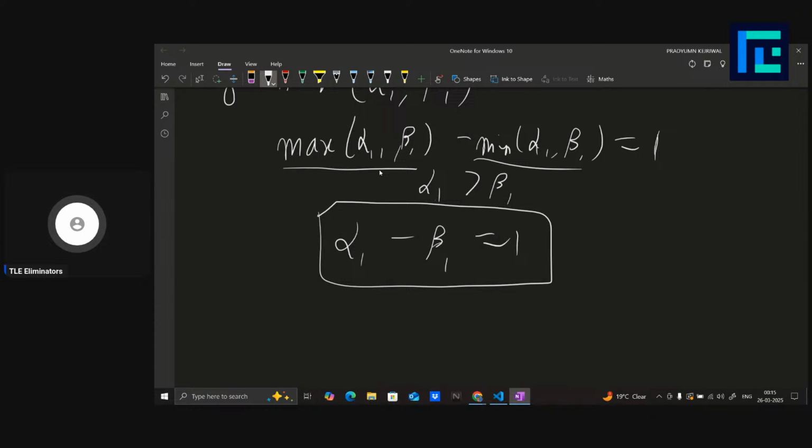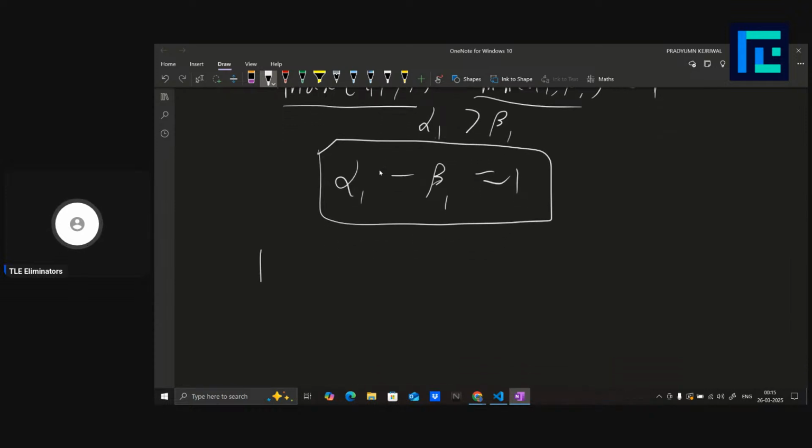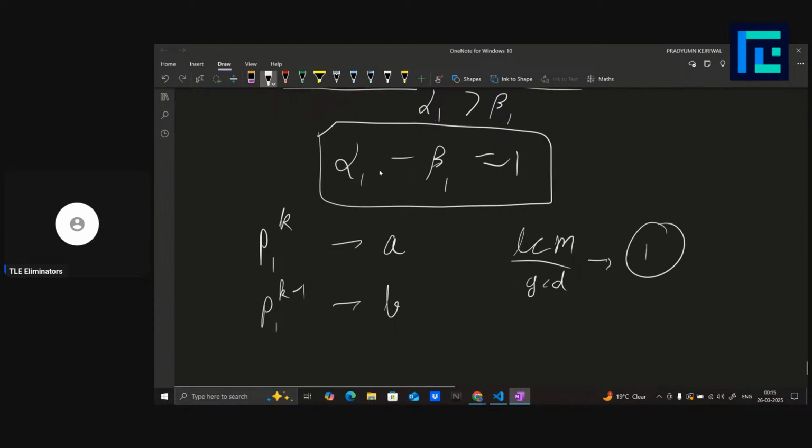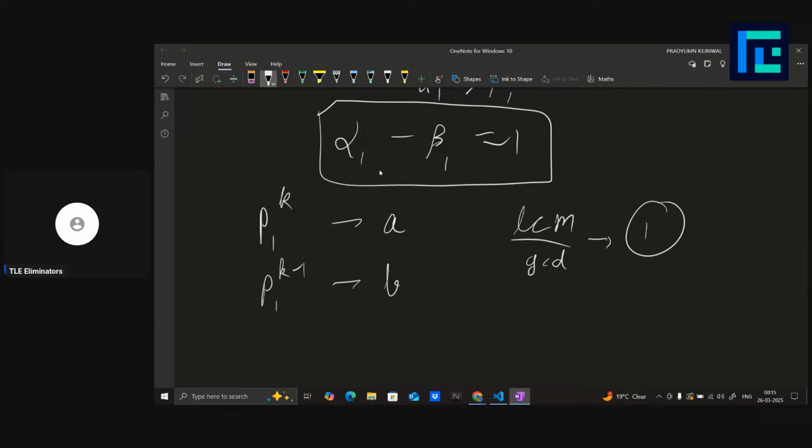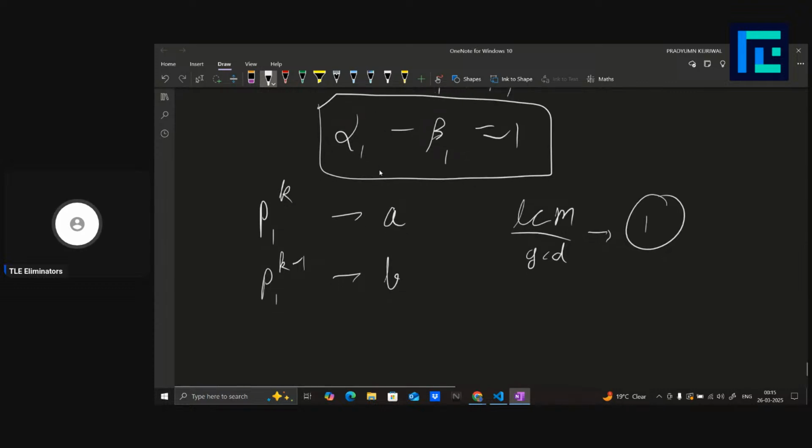So that means if the power of prime p1 is k in a, and it is k minus 1 in b, then in LCM upon GCD its power will be 1, right? So that's what we want.